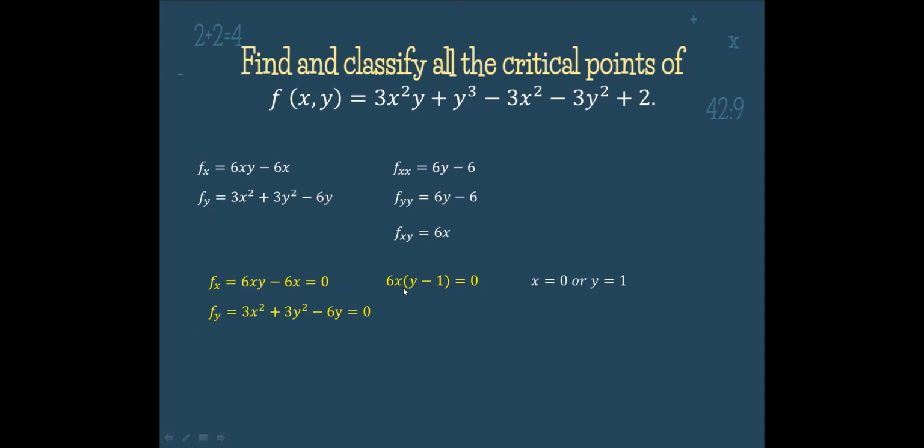Okay, so take note of that. This is actually the tricky part, because if we were to simply eliminate negative 6x by adding 6x to both sides, we would have 6xy is equal to 6x, in which we can just divide both sides by 6x, and arrive at y is equal to 1. However, if we just consider that kind of solution, we will not be able to find the other value, the value for x.